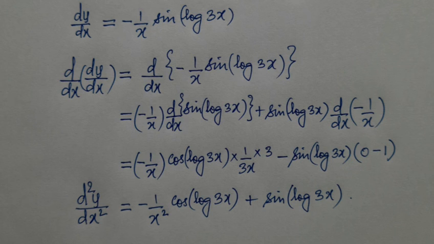That is the last step, and now you just need to simplify. When you simplify, you'll get the result in the last line shown on the screen. So this is how we find the second order derivative of functions which are composite functions.